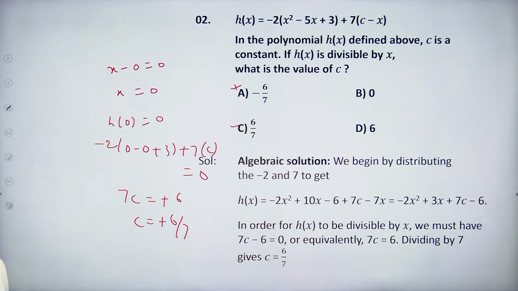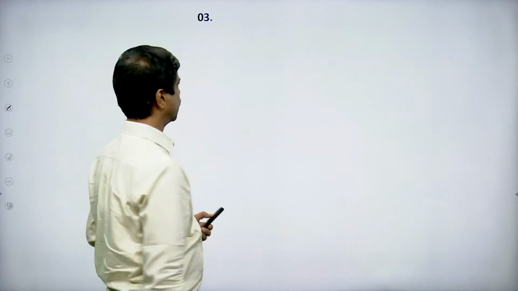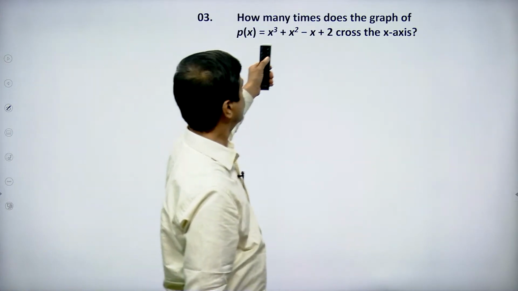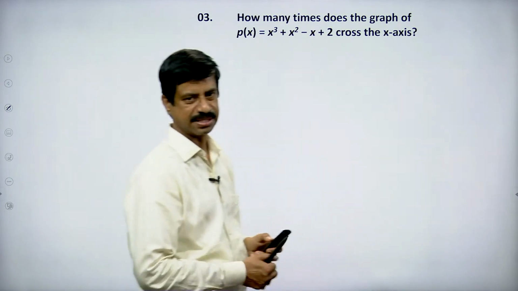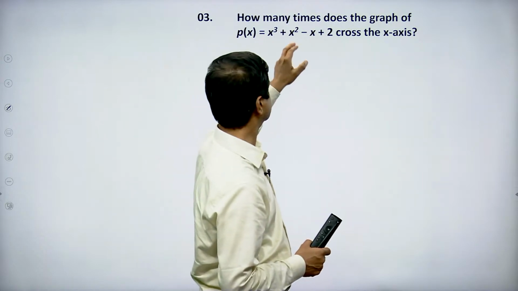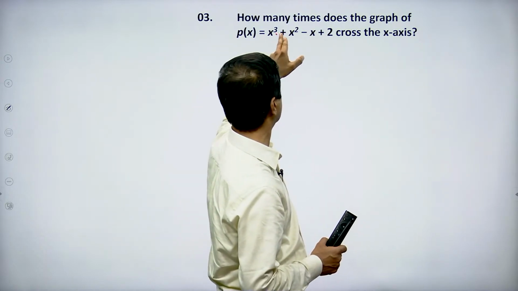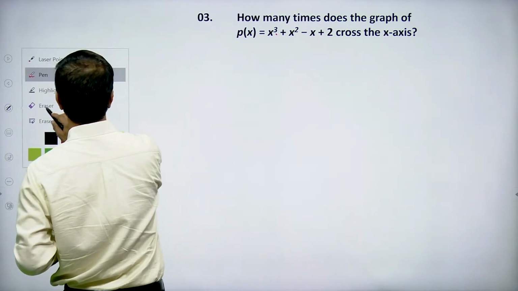Right, children? I think you have done it. So we will go to the next question. Look at this. How many times does the graph of p of x cross the x-axis? See, the maximum number of times any graph crosses the x-axis is equal to the exponent of that polynomial.